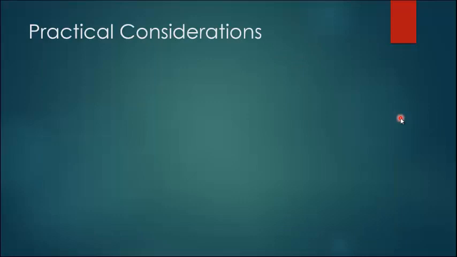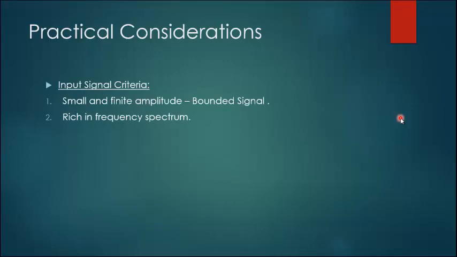Finally, there are several things we have to take into account when choosing the input signal to do a system identification. We have to make sure that this signal is small and finite in amplitude, which we can simply say is a bounded signal.